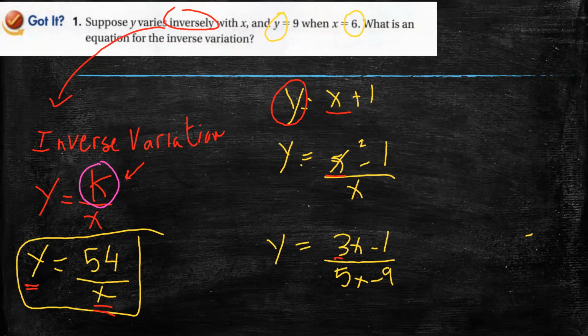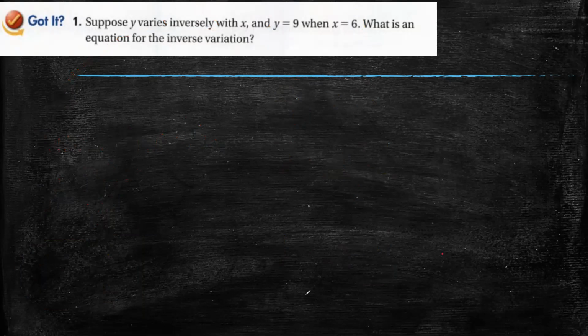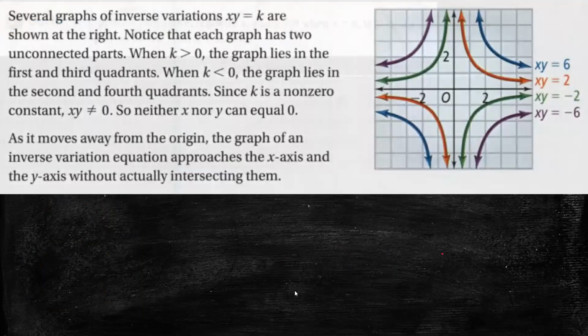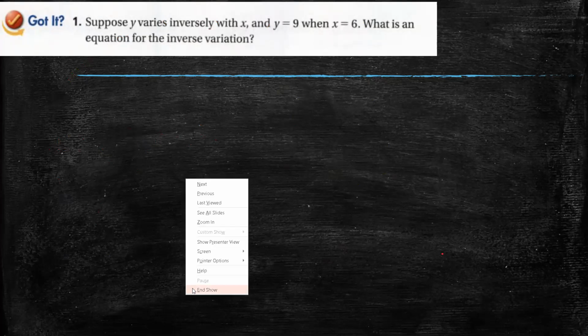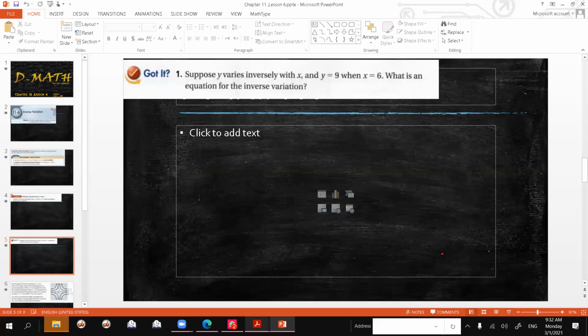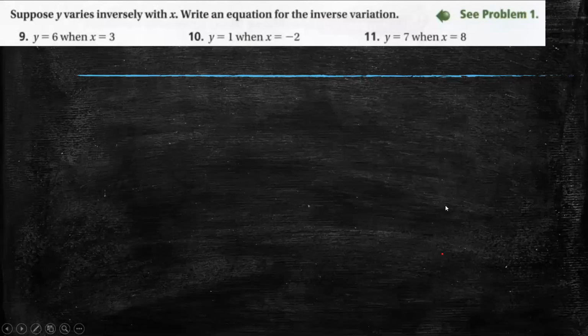Let's have another one. Now, suppose y varies inversely with x. Write an equation for the inverse variation.